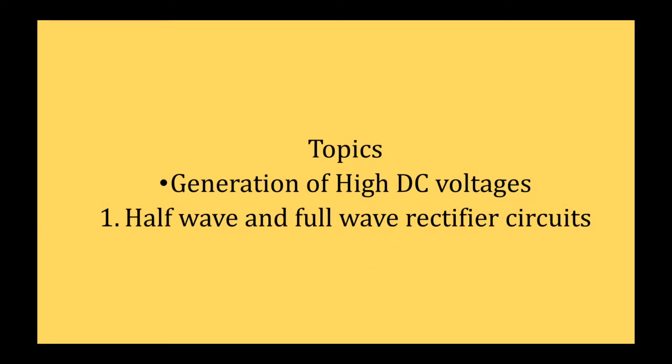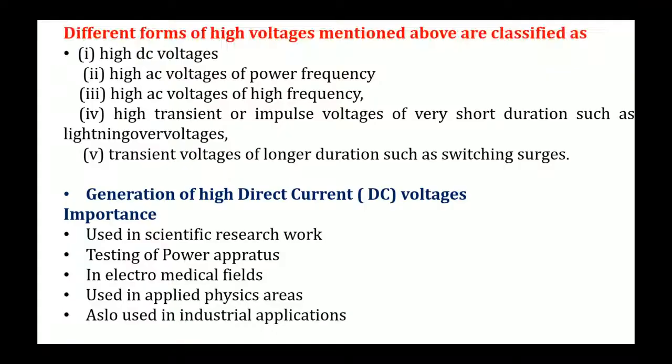In the last class we discussed the different forms of high voltages. Which are those? The first one is DC voltage generation, which we also need to discuss. The second one is high AC voltage, of power frequency and also of higher frequency.